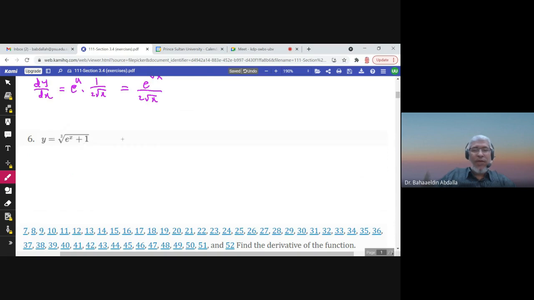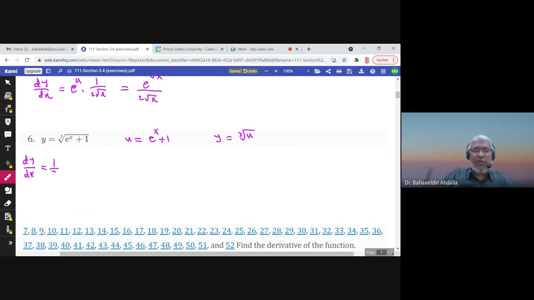Here, the inner function is e to the x plus 1, and y would be cube root of u. And dy by dx would be dy by du. To find the derivative of cube root of u, this is u to the power 1 over 3.